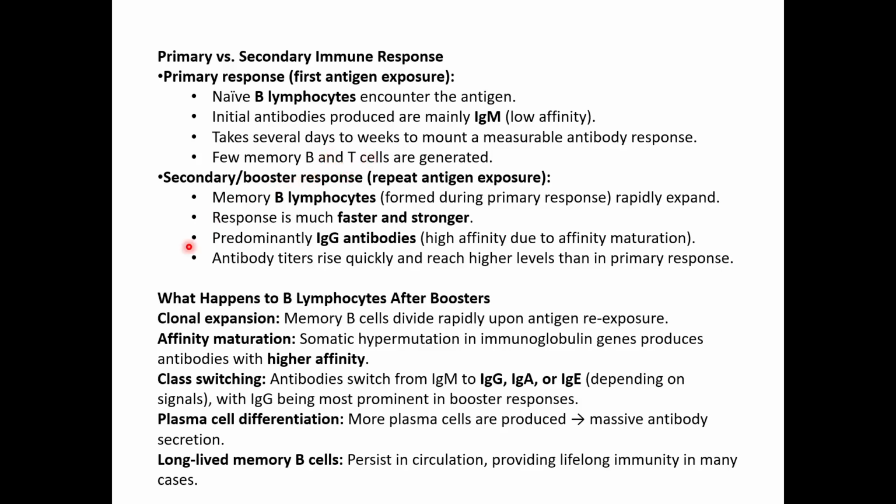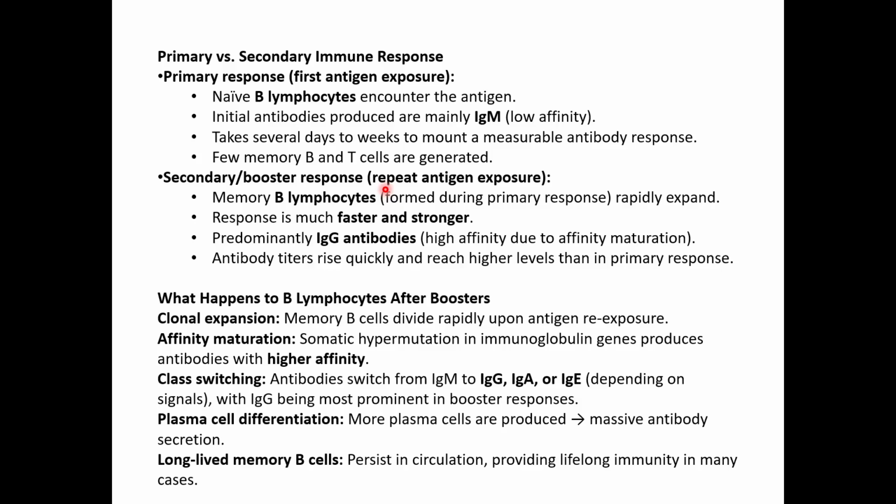However, when you have a booster dose or a booster injection, you have a secondary response or a booster response. This is because of the repeated exposure. So when you have this, your memory B cells, which were already formed during the primary response, will now quickly expand because they had already encountered this.